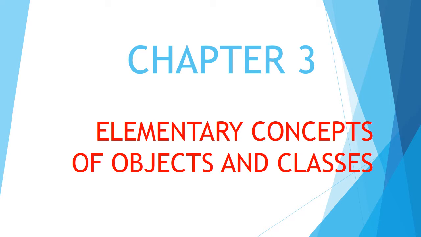Next, what is a class? A class is a blueprint of a set of objects. You can say that a class is a group of objects which share some common properties and behavior. For example, if you want to attend the class 9 computer class, which common things should you have?